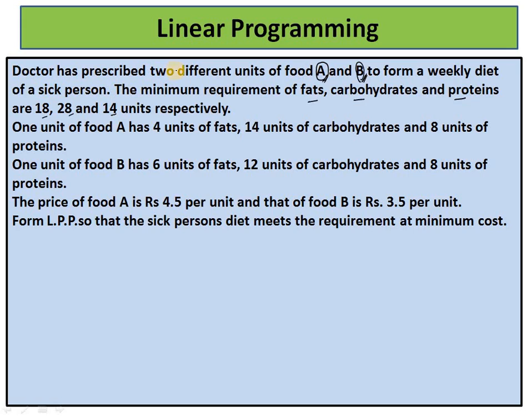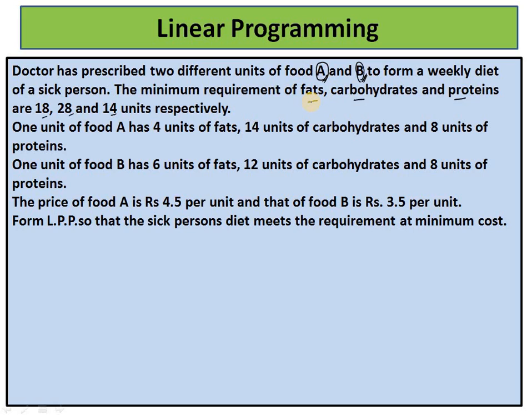Doctor has prescribed 2 different units of food A and food B to form a weekly diet of a sick person. The minimum requirement of fats, carbohydrates and proteins are 18, 28 and 14 units.